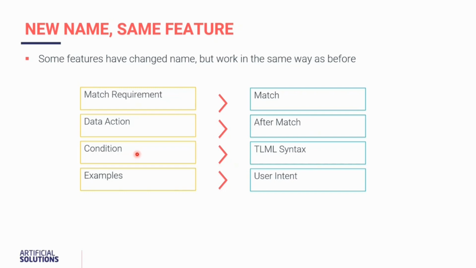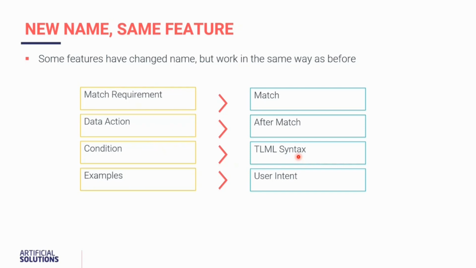A condition match requirement will now be a TLML syntax match. That stands for Teneo Linguistic Modeling Language Syntax, and in essence that is everything that has to do with operators, language objects, entities. These different building bricks that you're using to build linguistic conditions are part of what is called the Teneo Linguistic Modeling Language.